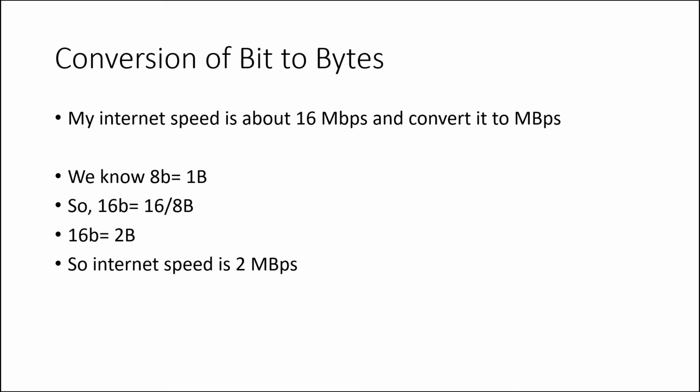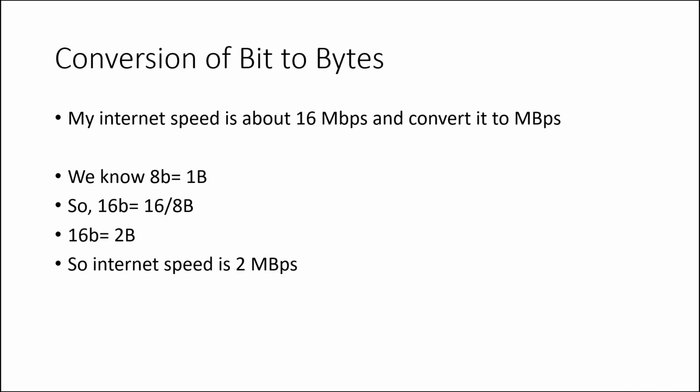Let's say you are going to download a 16 megabyte video, and your download speed is equal to 16 megabits per second. You don't understand the difference between the simple b notation and the capital B notation.